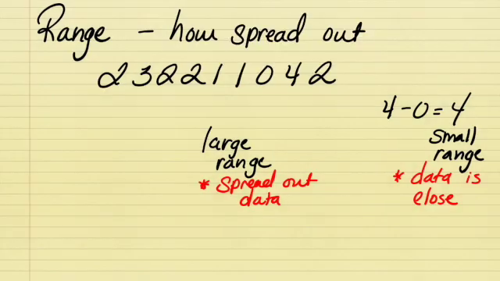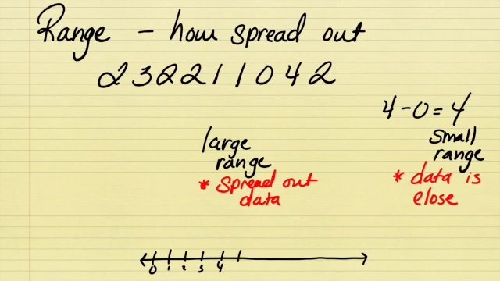Well, if I were to take a number line, like before, 0, 1, 2, 3, 4, 5, 6, 7, 8, 9, 10, 11. Before, all of our data was over here, all bunched up together, like a cluster.